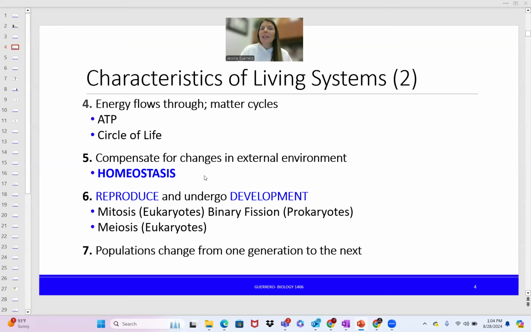Homeostasis is used when we're talking about a living system, whereas you may have heard the term equilibrium used when we're talking about a non-living situation, like a chemical mixture of some sort, but no living aspect. So homeostasis references living, and we talk about the ability to keep an internal body temperature, for example, despite what's happening on the outside. We do that through different feedback mechanisms.